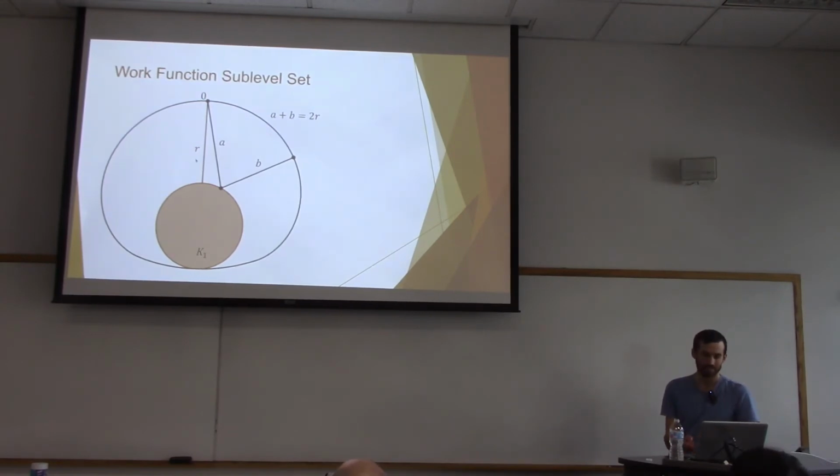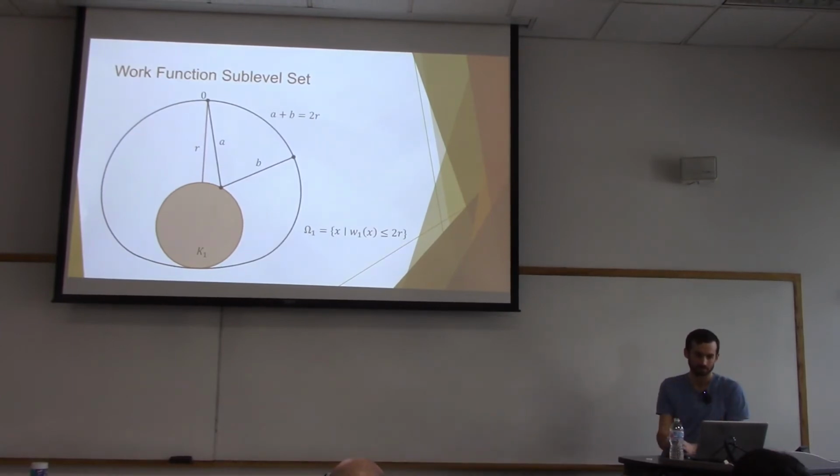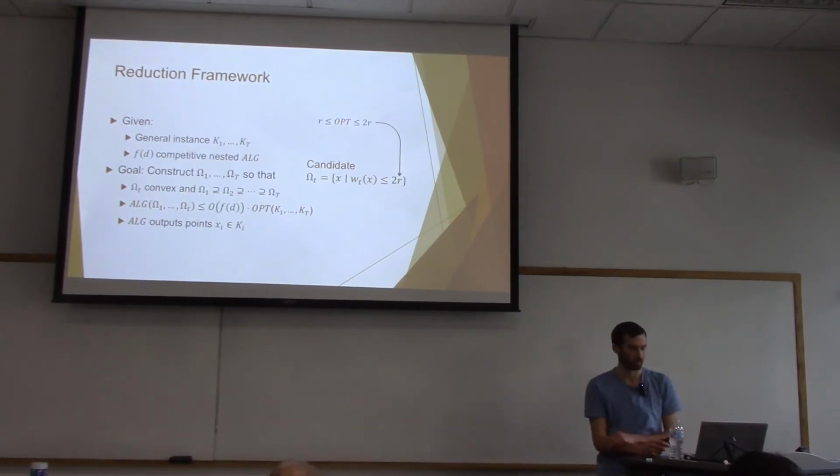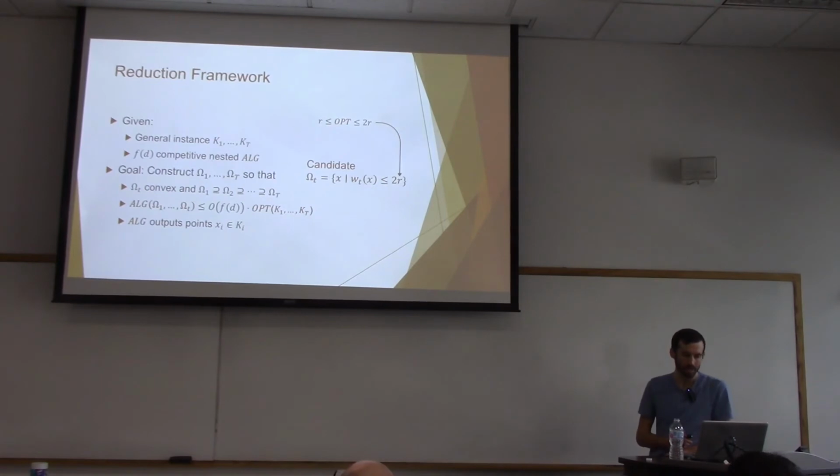By convexity, everything inside of this circle is going to be the sub-level set of the work function, where I'll cap it at 2r. And again, r here is always going to be standing in for roughly what opt is. And so this is going to be my candidate set for how I'm going to try to construct the sequence of omegas.